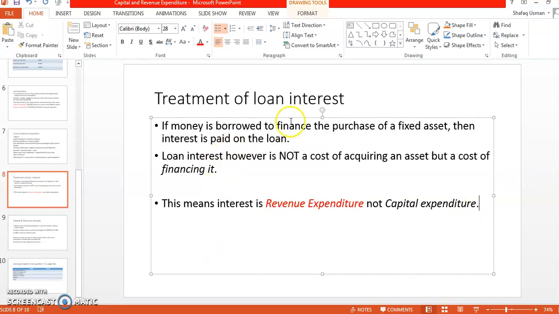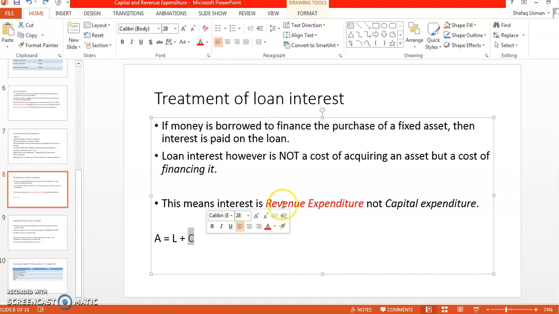Now, if money is borrowed to finance the purchase of a fixed asset, remember the accounting equation? What does it say? Assets equals liabilities plus capital. What does this mean exactly? The accounting equation means that all the assets are coming from two sources of money: borrowed money, which is your liability, and the owner's money, which is your capital.